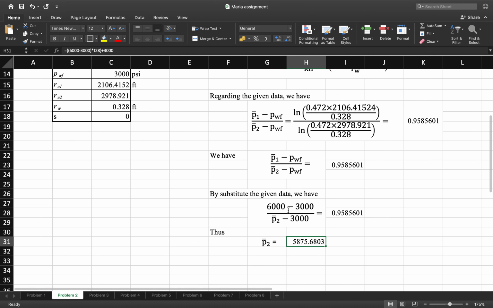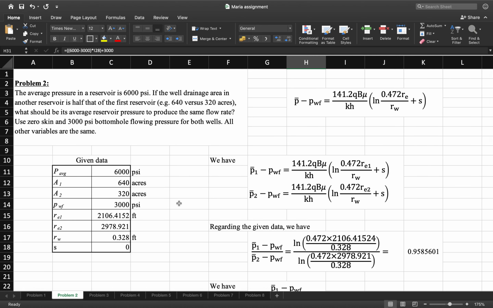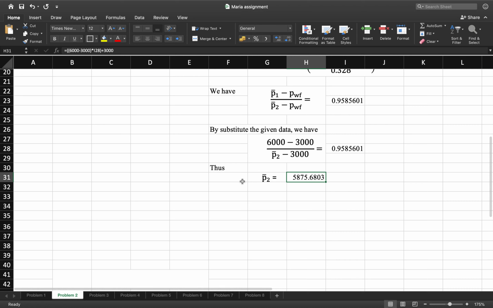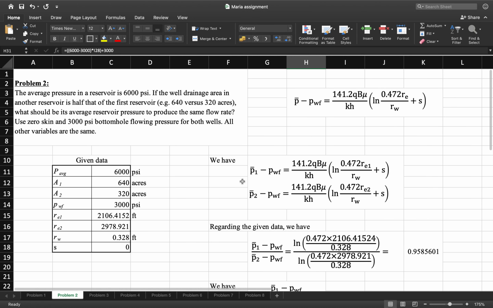P1 is equal to 6,000, but P2 is this one. So it means that P2 is decreased. Alright, so you can see when the area is decreased, the average pressure is also decreased with the same bottom hole pressure. Alright, so now let's turn to problem 3.